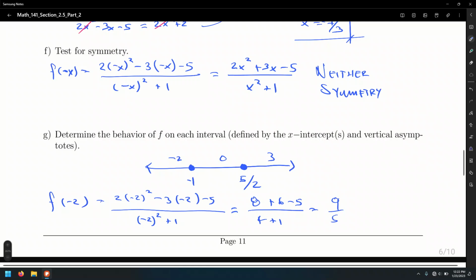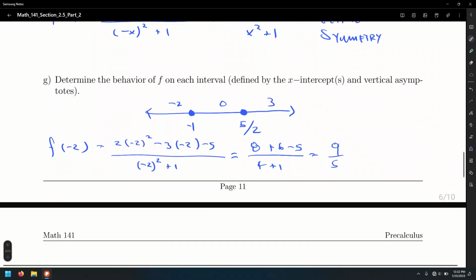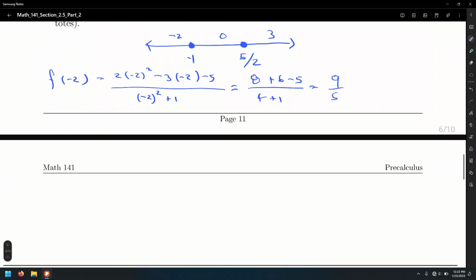And of course, let's do the same for the other two test values. I have space on the next page here. So that's f of 0 and f of 3. So f of 0, I got -5. And f of 3, I got 2/5. So again, plug in the value, simplify as usual, you know how this works.